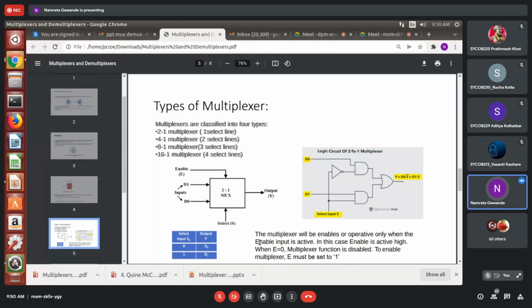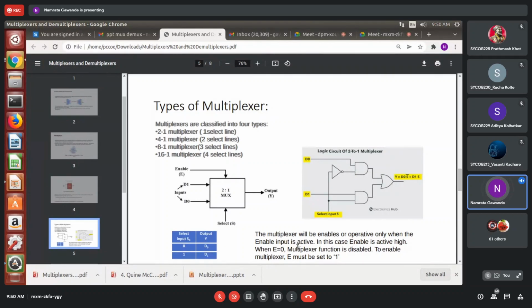Before that, just go through this. What is enable? Enable is always indicated with E, and it is required for each and every multiplexer circuit. Just go through this definition: the multiplexer will be enabled, or operative, only when the enable input is active.